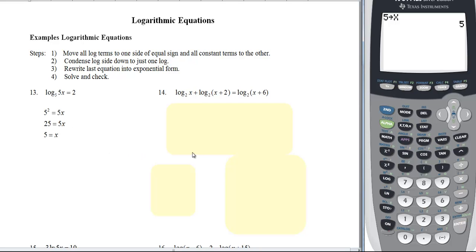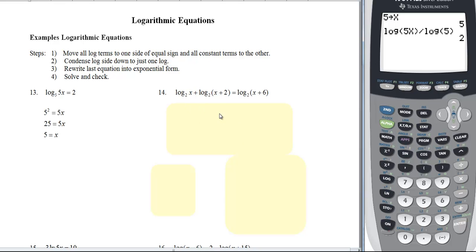But I wanted you to see how we have to check it via a calculator. I have to use change of base theorem. So I'm going to do log of number divide by log of base. So log of number, 5x, divide by log of base. And it should give me my 2. There.